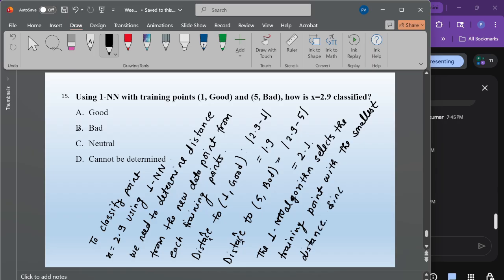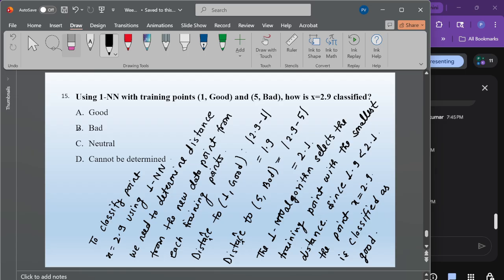So since 1.9 is less than 2.1, the point x equal to 2.9 is classified as good because it is nearest.